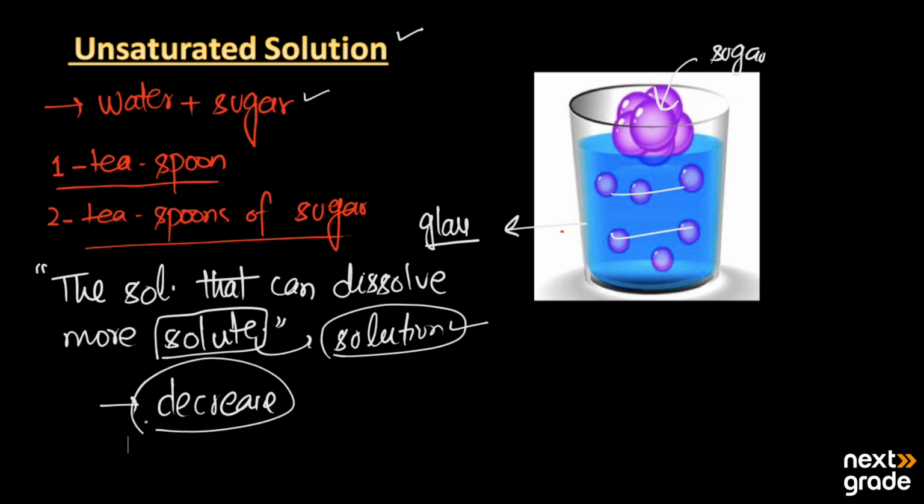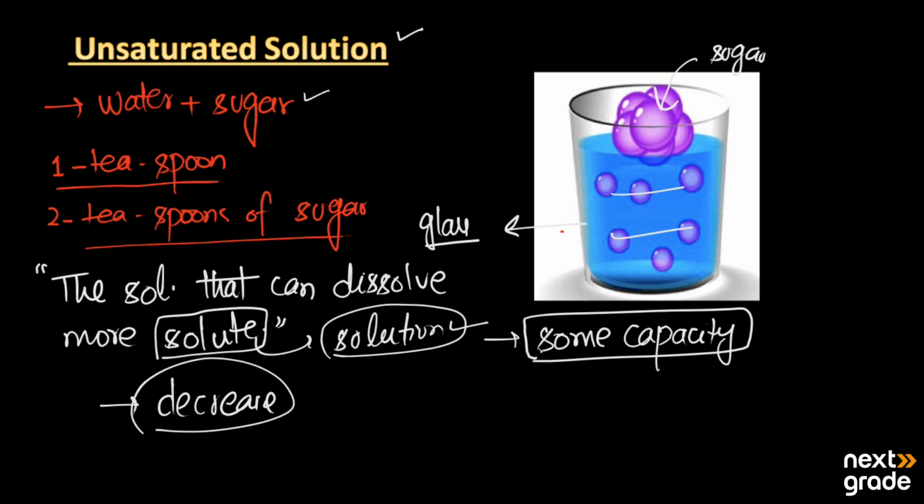So only the solution that can dissolve more solute is known as the unsaturated solution. We can have a lot of examples around us. In water, things can be added up to some capacity, the capacity of the solution to dissolve more solute.